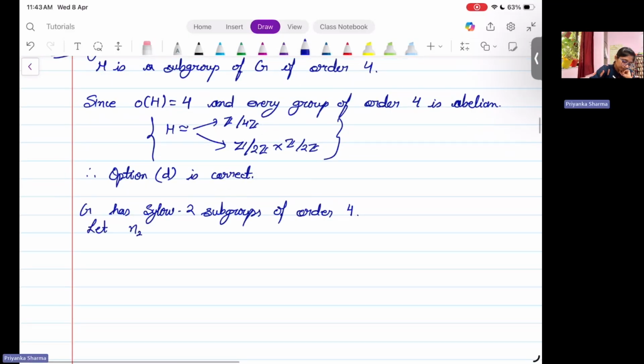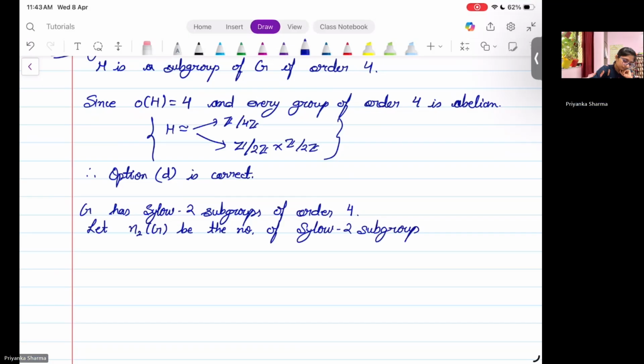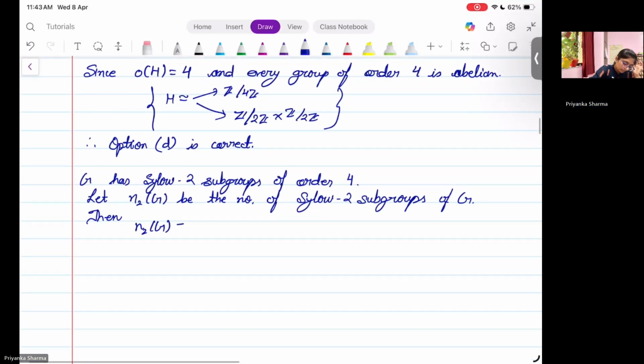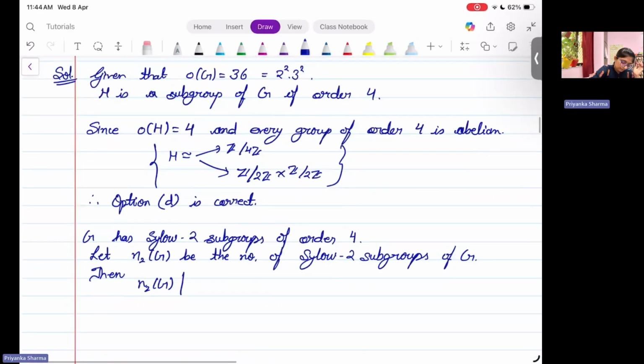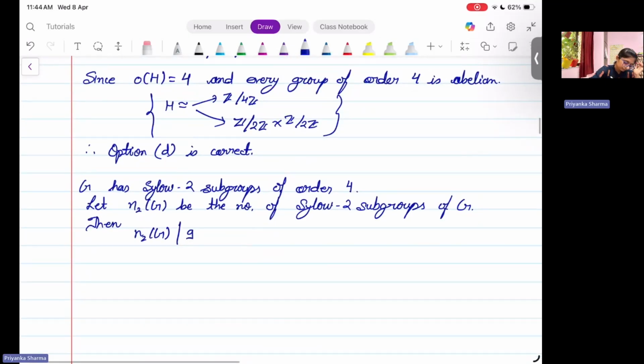Now let n_2(G) be the number of Sylow 2-subgroups of G. Then n_2(G) will divide 3 squared, that is 9, and n_2(G) is congruent to 1 mod 2.